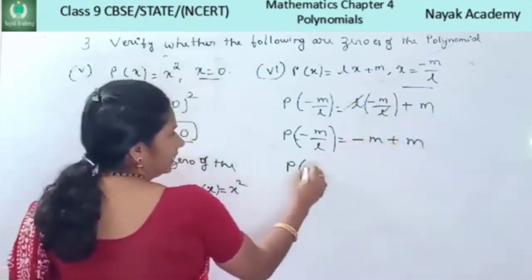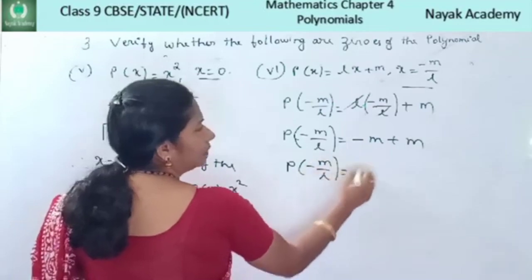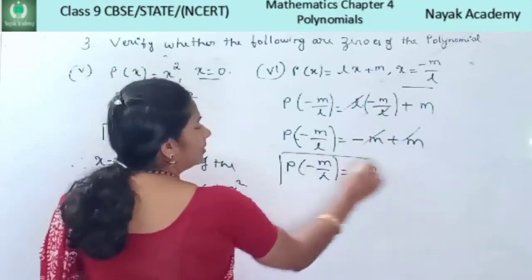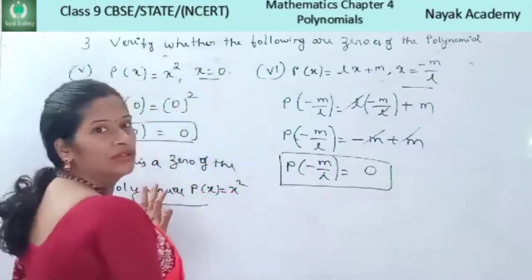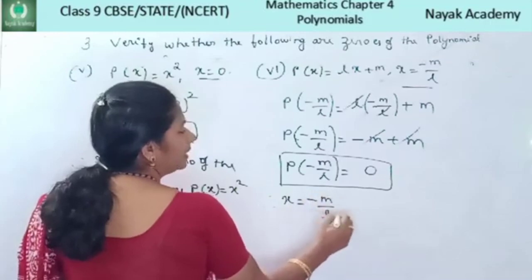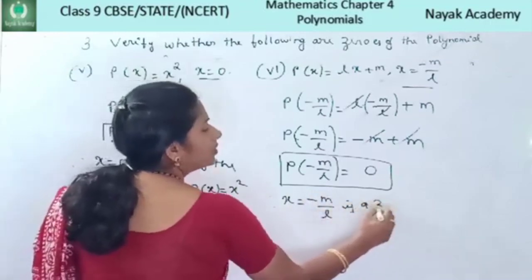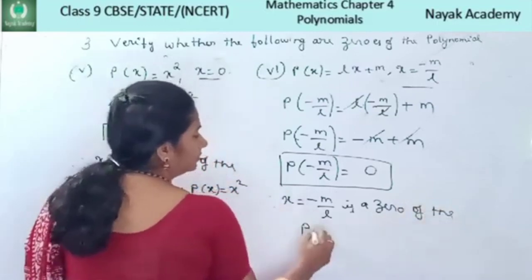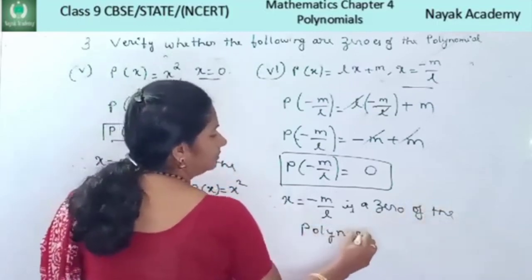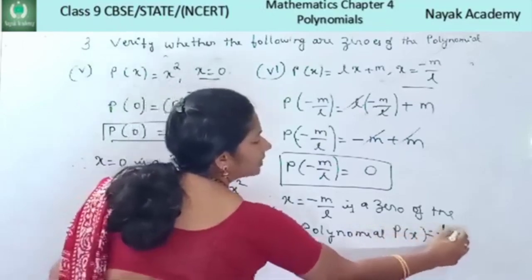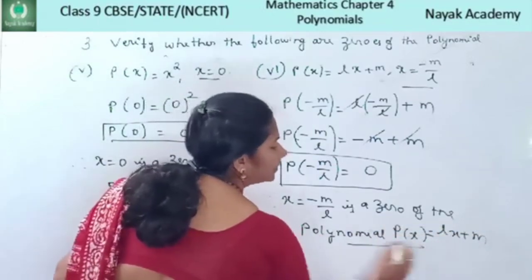So p of minus m by l equal to minus m plus m gets cancelled. So the answer is 0. So what is your conclusion, children? Therefore, x is equal to minus m by l is a zero of the polynomial p of x is equal to lx plus m.